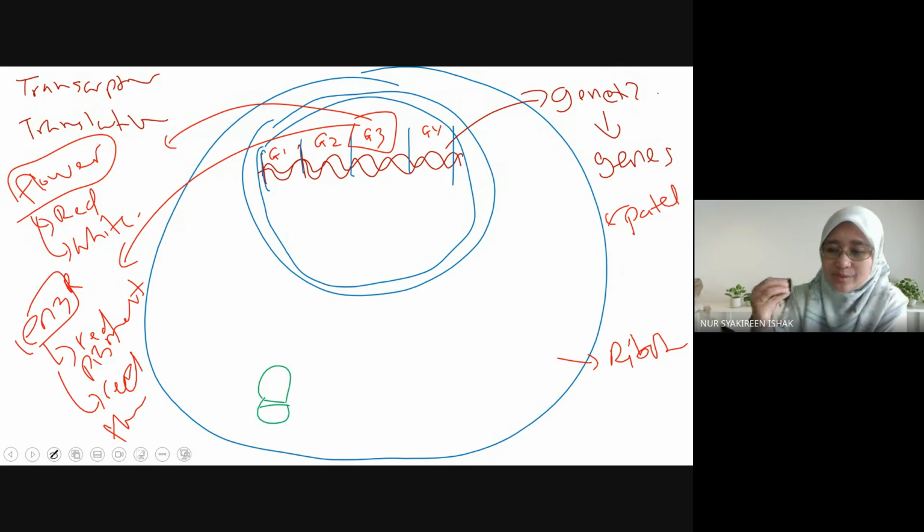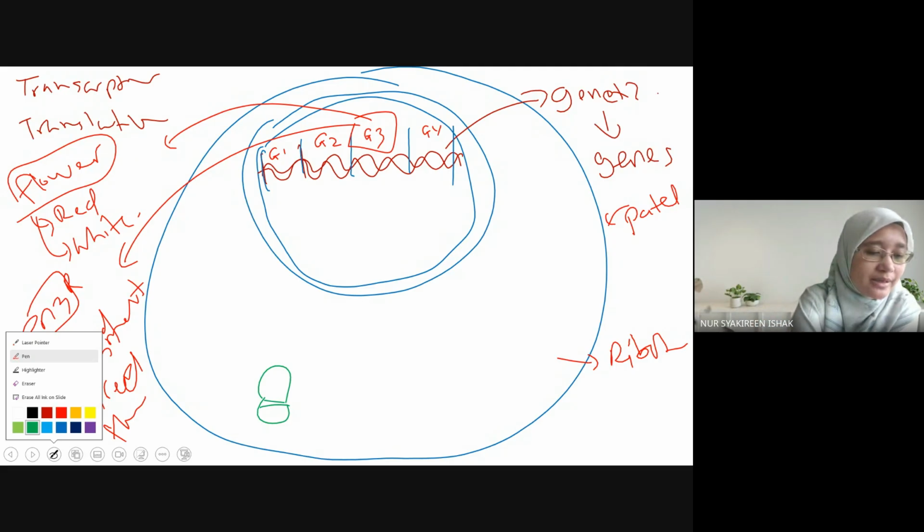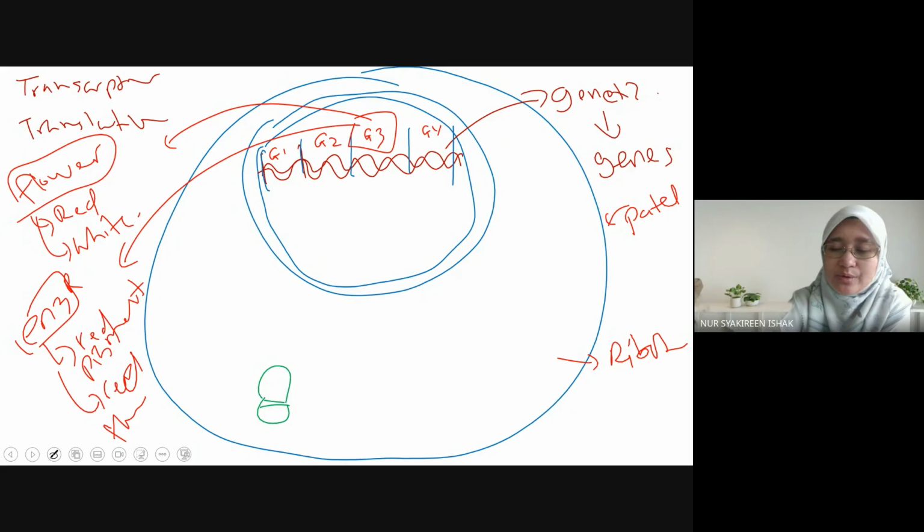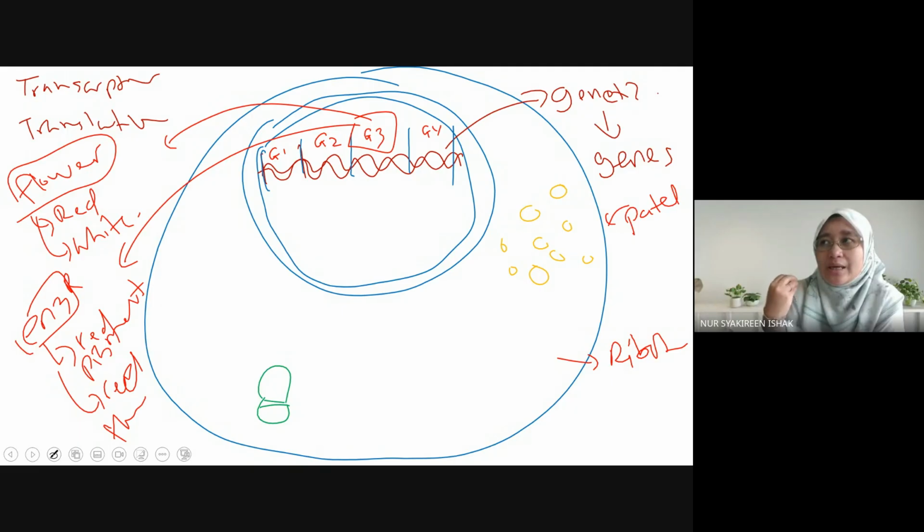The synthesis of protein should occur in the cytoplasm, as there is an abundance of the monomers for protein: we have an abundance of amino acids in the cytoplasm. So how does the information from the DNA lead to the synthesis of protein in the cytoplasm, involving the ribosome and the amino acids?